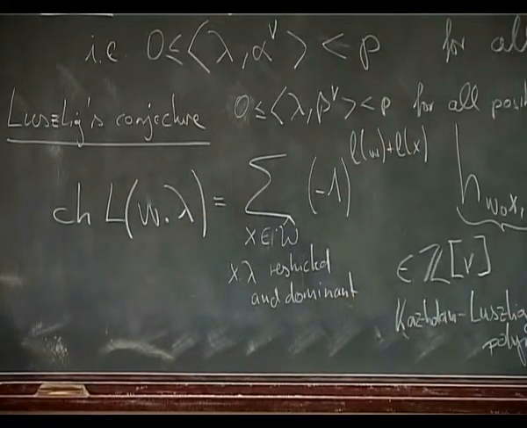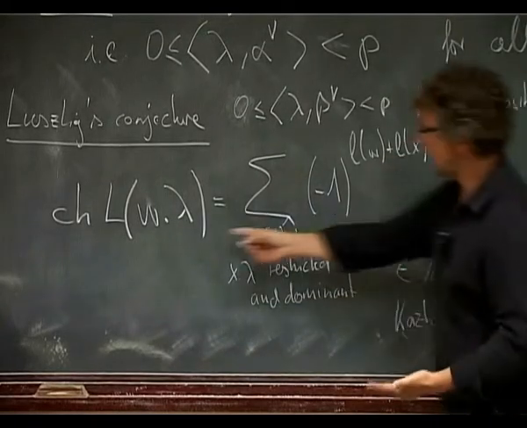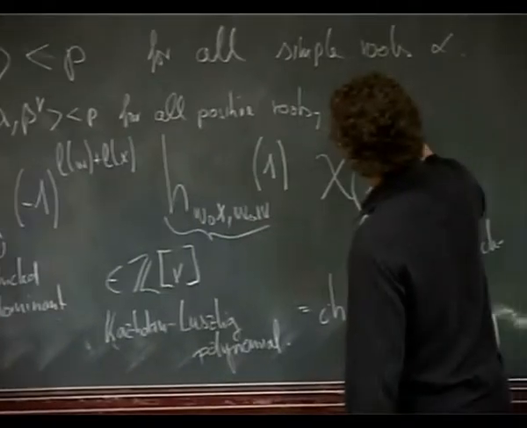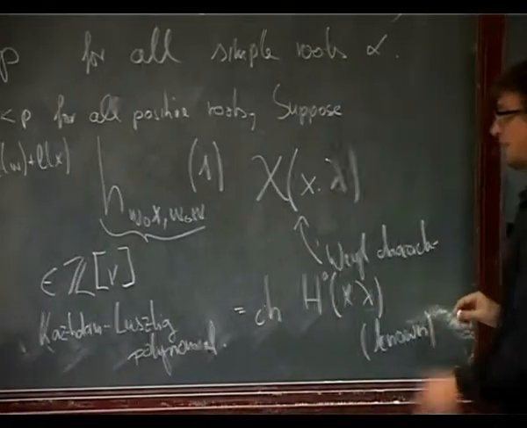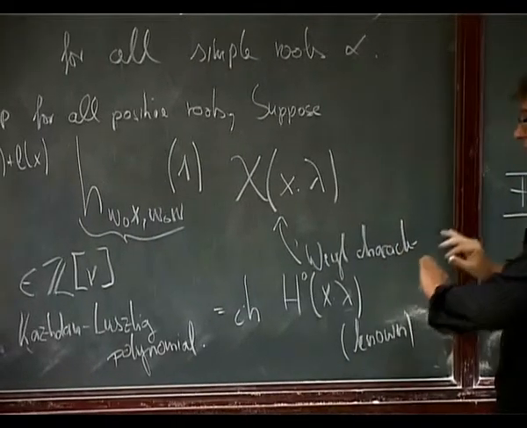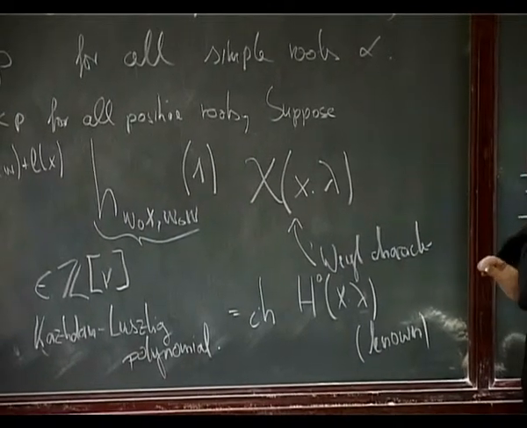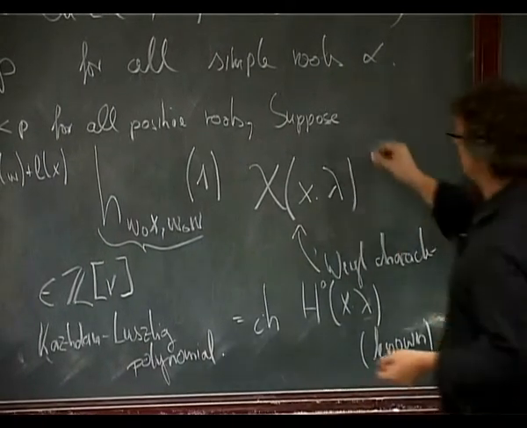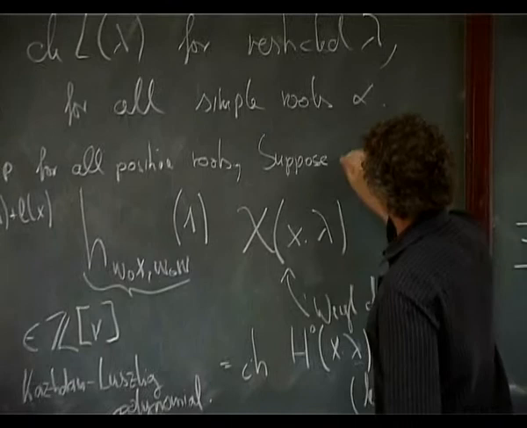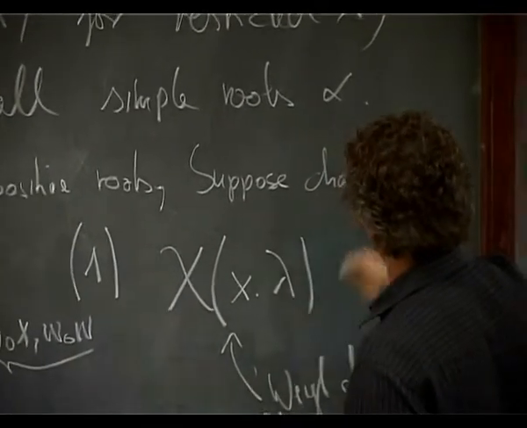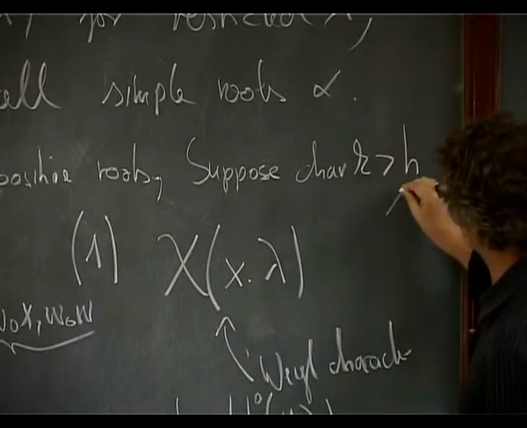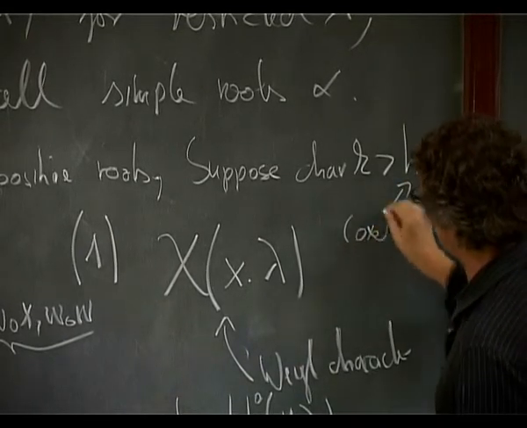So this is just to formulate this conjecture. Lusztig said that he didn't claim that this formula is correct in all cases. He knew, from some obvious calculations, that this can only hold if the characteristic of K is not too small. It should be bigger than the so-called Coxeter number.